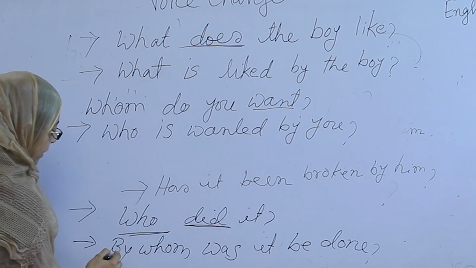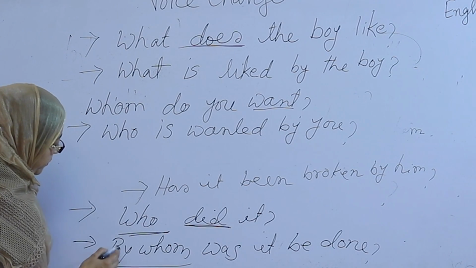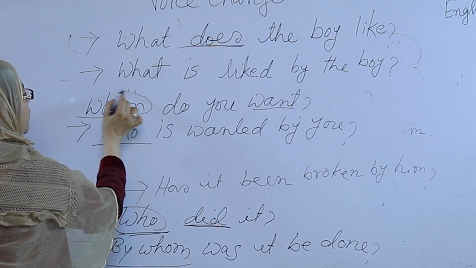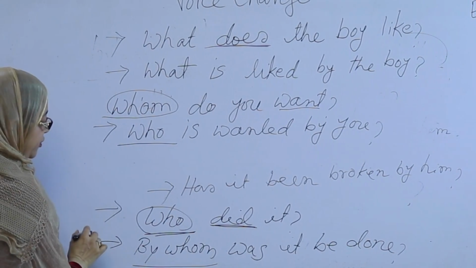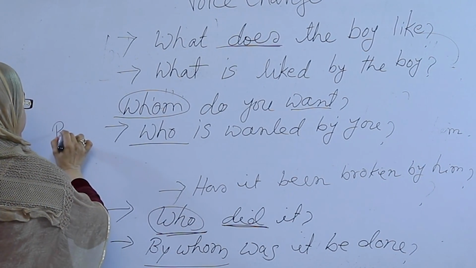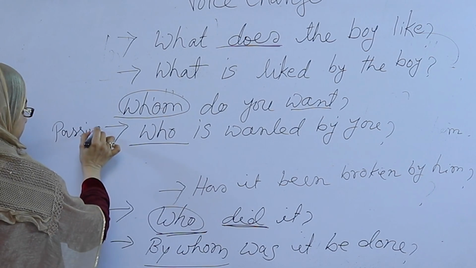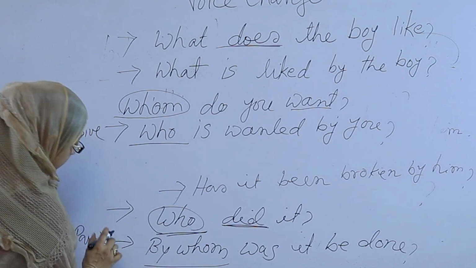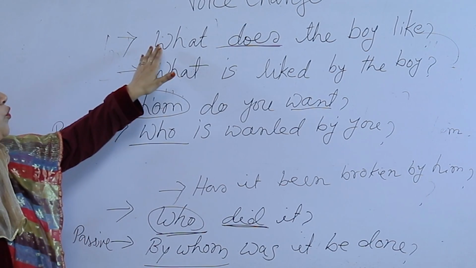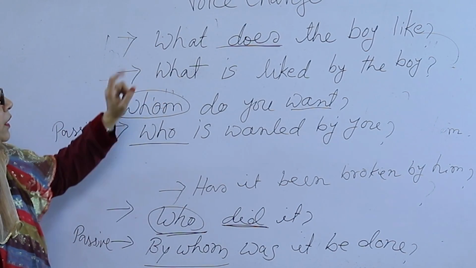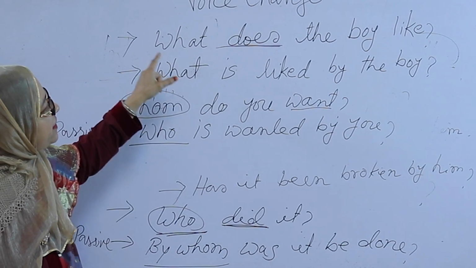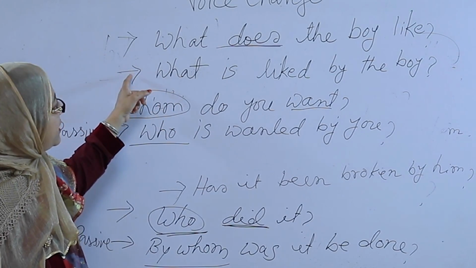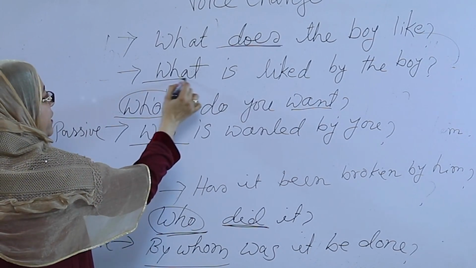So look at the board. I use by whom instead of who, and who instead of whom, when I turn it into passive. But what, when we turn what does the boy like into passive, we don't change what.